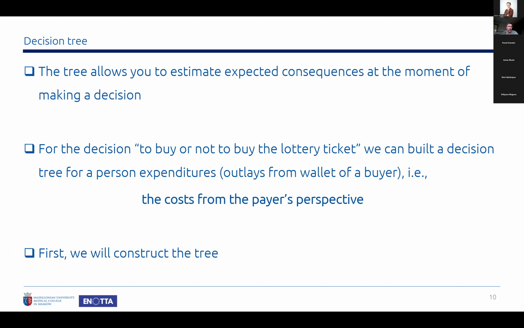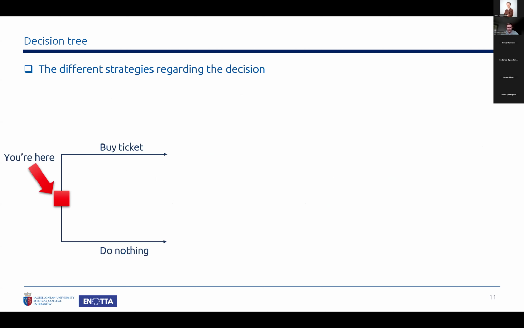This is called, in health economics, an economic perspective, which basically addresses the question of who pays for stuff. In our example, we are the payer for the ticket. We can win the lottery prize or we can lose the money that we invested in the lottery ticket.